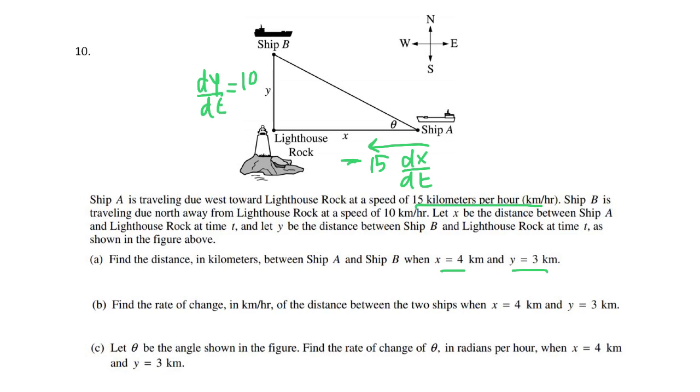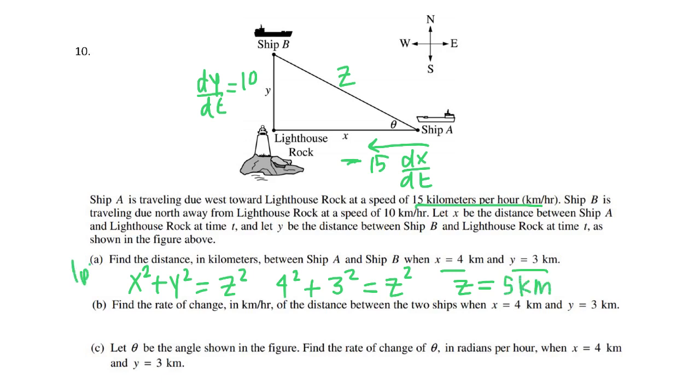So we label this other side z, and we know x squared plus y squared equals z squared. So we have 4 squared plus 3 squared equals z squared, and it's safe to say z is 5 kilometers. They awarded 1 point for that answer.